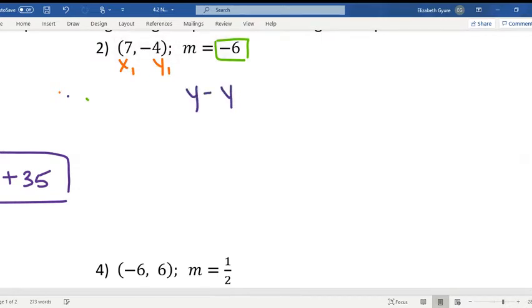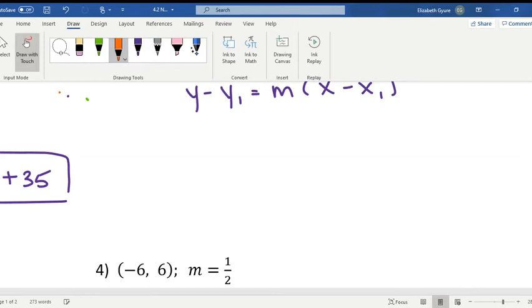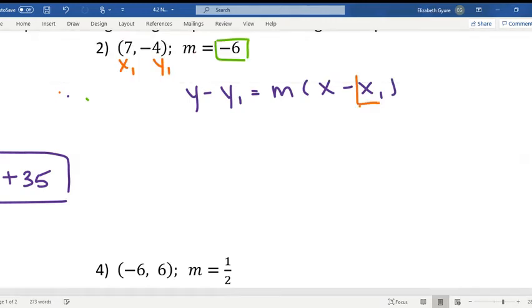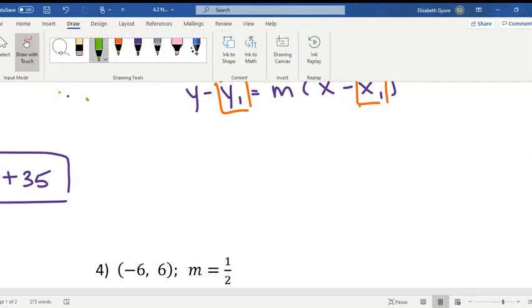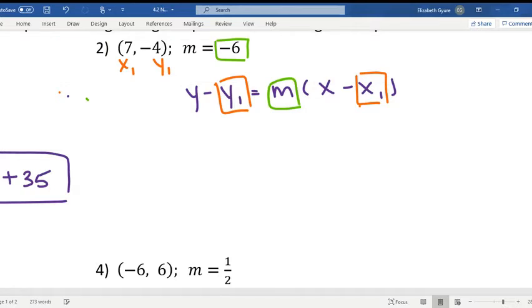It's y minus y1 equals m times x minus x1. We're going to plug x1 and y1 in, and we're also going to plug m in. You get it?